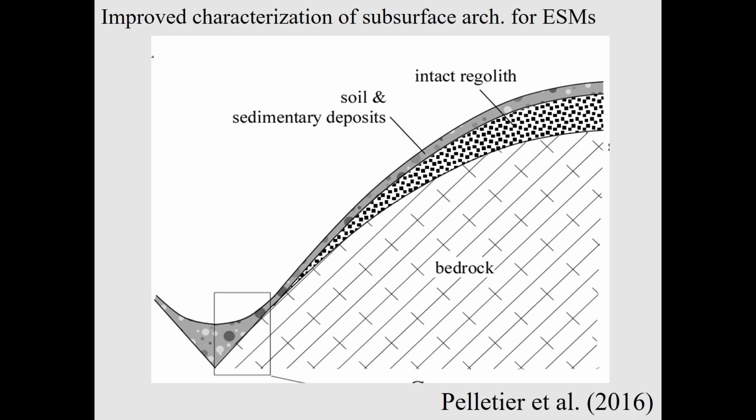Beneath that is what we call intact or immobile regolith. This is weathered, fractured bedrock that can contain substantial water that can be tapped during droughts and is very important for trees during droughts, and can be, and often is, tens of meters thick. And then below that is what we'd call fresh, unweathered bedrock, which, unless it's highly fractured, is typically just a few percent in terms of porosity.